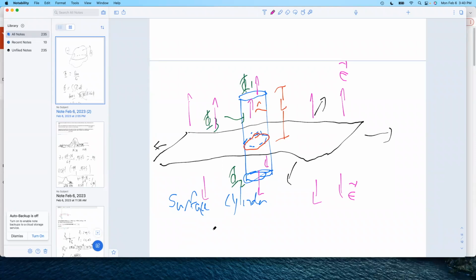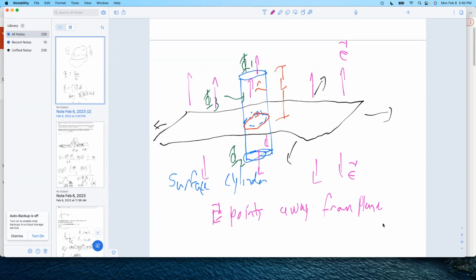All right, so let's make that note. Note number 1. E as a vector points away from the plane. Perpendicular to the plane. Also, up here at a height r, like up here on this top surface, E must be constant in magnitude because all these points up here are all the same distance away, this distance L away.